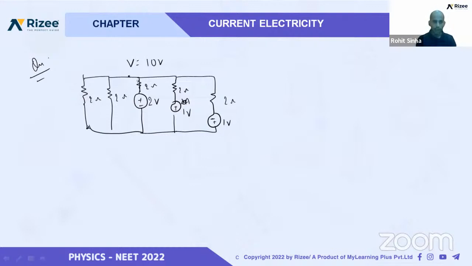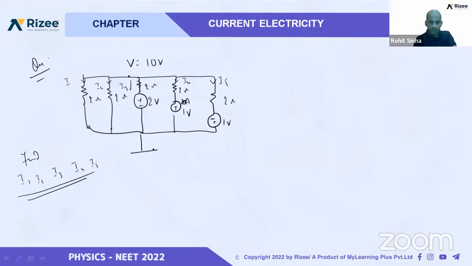Now you have to find the current through here I1, here I2, here I3, here I4, and here I5. You have to find I1, I2, I3, I4, I5. Very good question. You have to try. Try once.